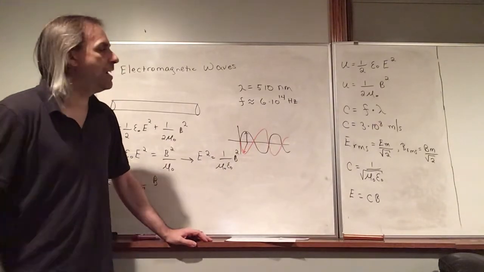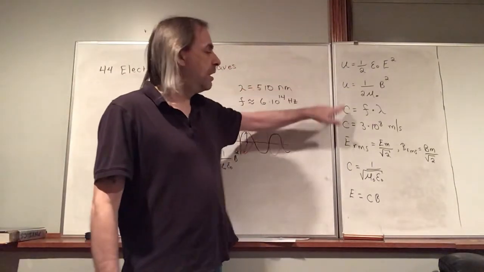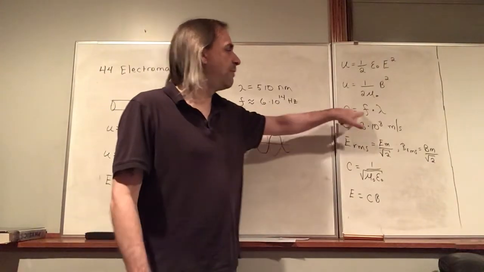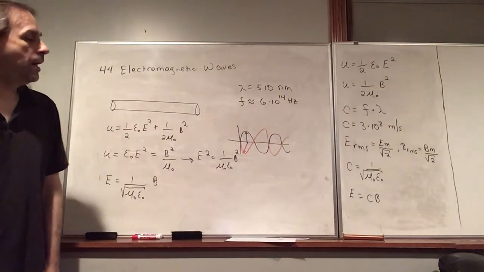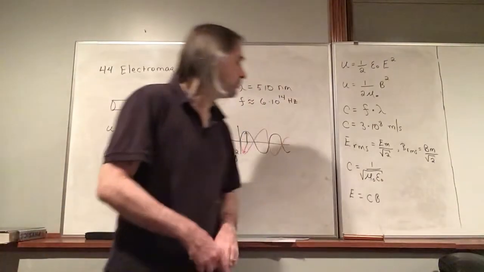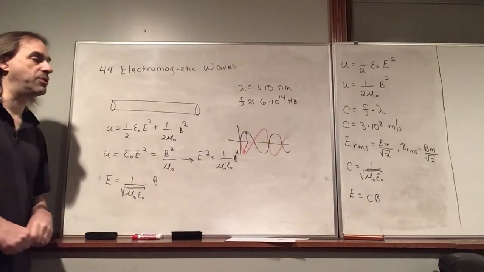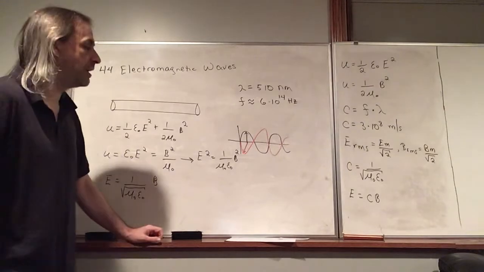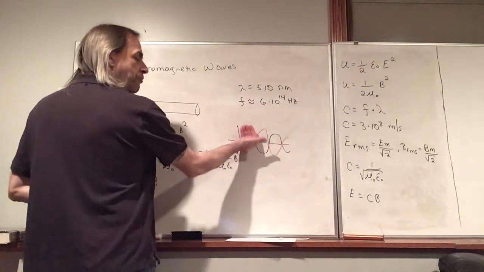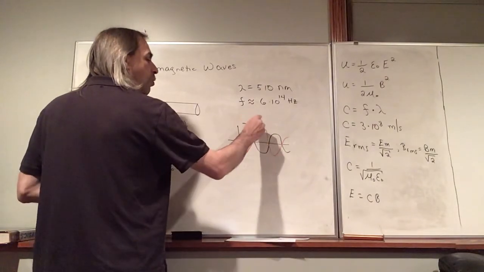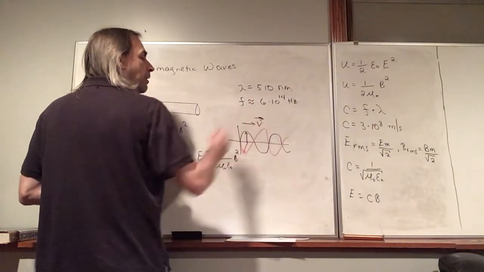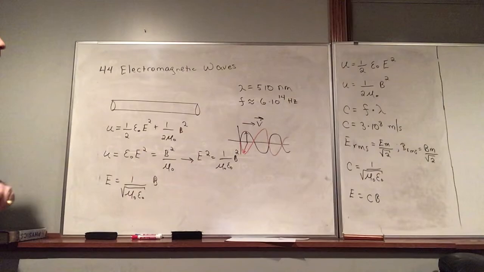So just to summarize, energy density. The normal relation, the speed of a wave is frequency times wavelength. And the relation between the electric and magnetic fields is magnitude and also direction. We have fingers in the direction of the electric field, curl towards the magnetic field, thumb points in the direction of the velocity of the wave.